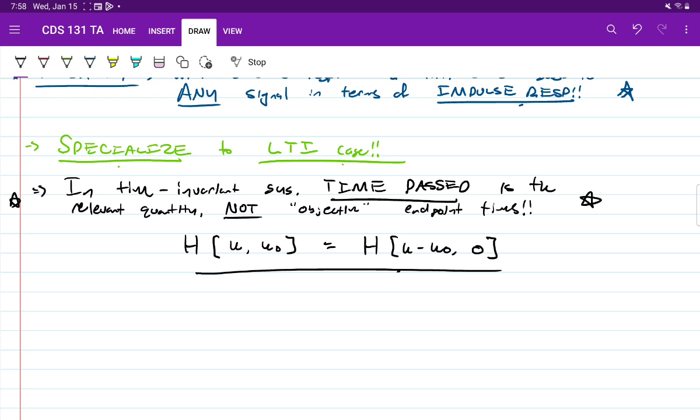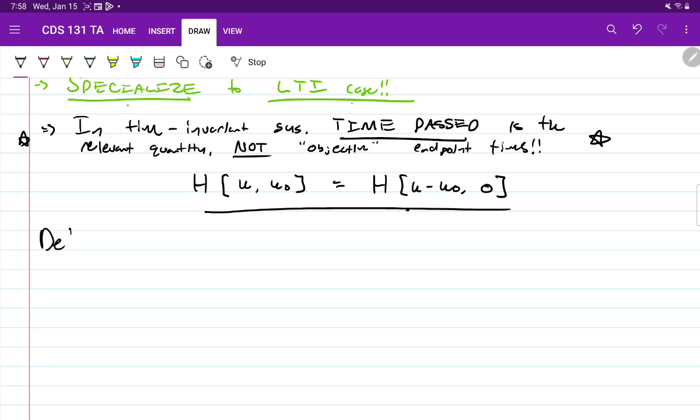And this observation leads us to the following special notation, which I'll just state as a definition. Definition: the discrete time LTI impulse response map.